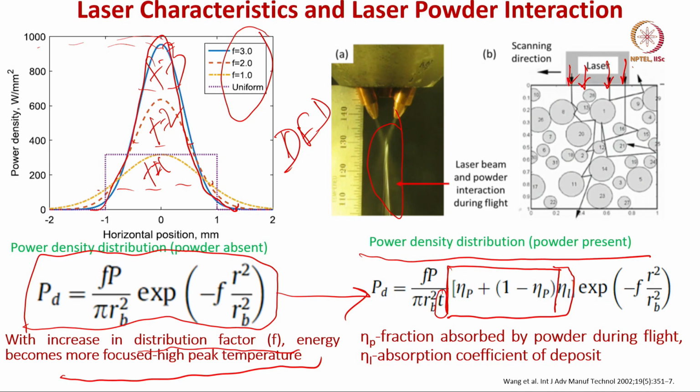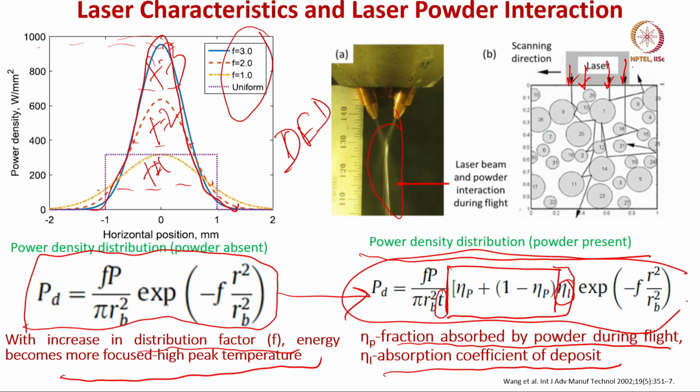So, eta_p is the fraction of the laser power being absorbed by the powder during flight, and eta_L, that is this particular parameter, is the absorption coefficient of the deposit. So, these two parts are important here, and these two parts are contained in this particular equation, so that this laser power density function is also modified by this expression.